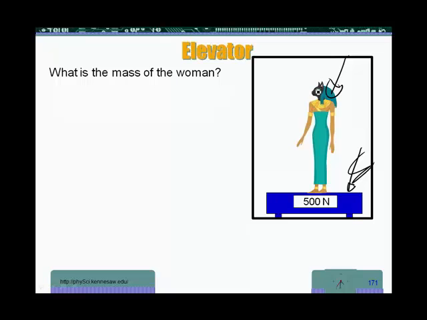Obviously, when I push down on her, that does not change the woman's weight. That does not change the gravitational force that the Earth exerts on the woman. What's going to change is the force the woman is going to exert through her feet on the scale.